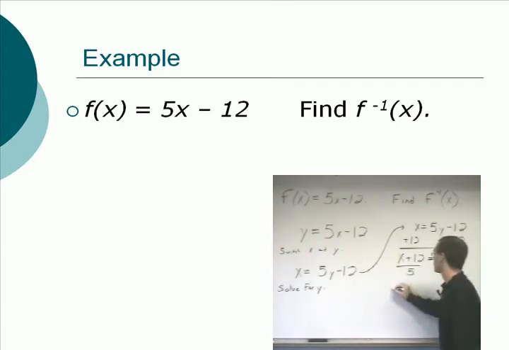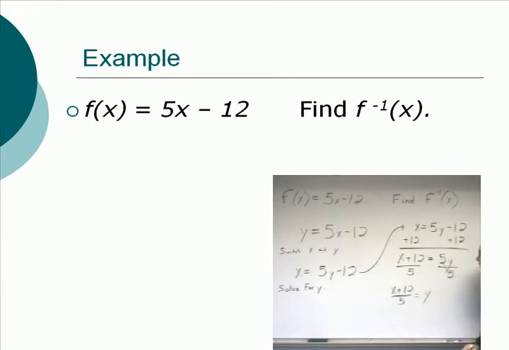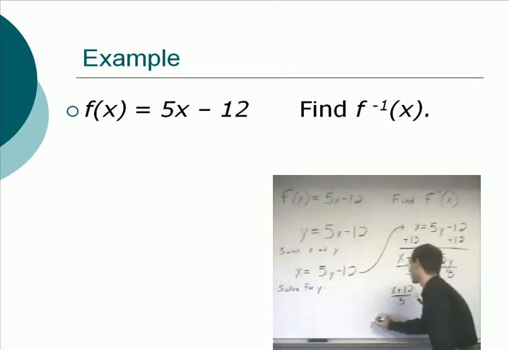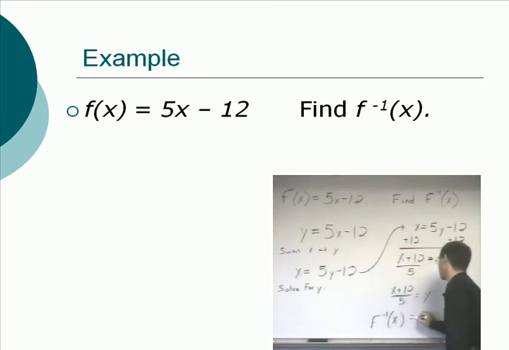And we end up with x plus 12 over 5 equals y. Well, you're done. Now you just go back and rename it. When we switch this, we got y equals x plus 12 over 5, so we can conclude then that the inverse of f of x equals x plus 12 over 5.